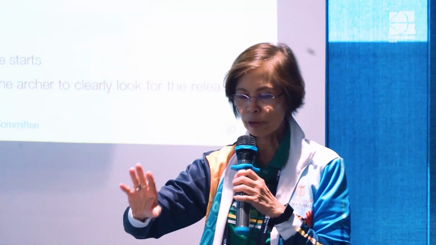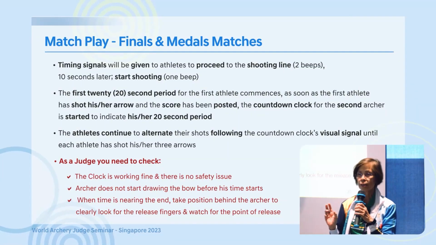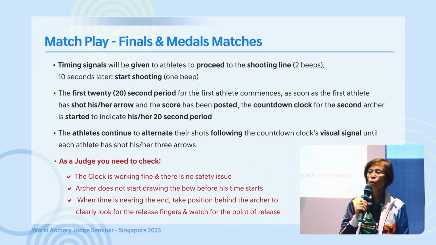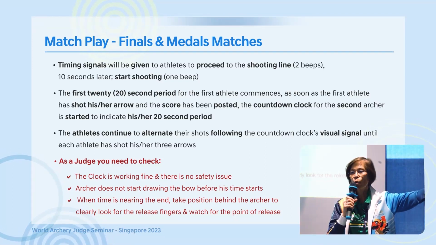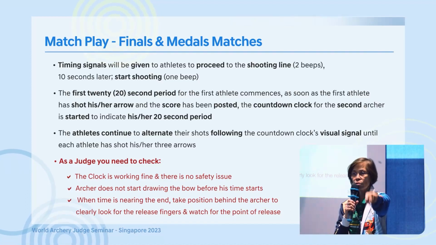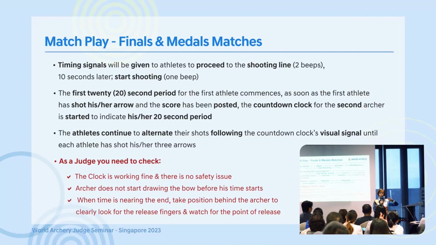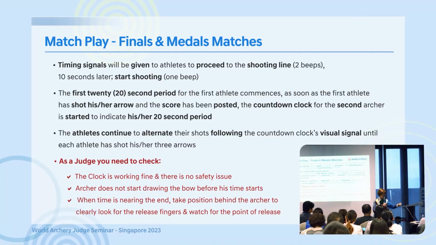And here's another thing to look for. The archer does not start drawing the bow before his time starts. They can only bring up the bow arm when their countdown clock starts counting down or the green light turns on. There are some who are quick draws. They're so excited, they bring it up.